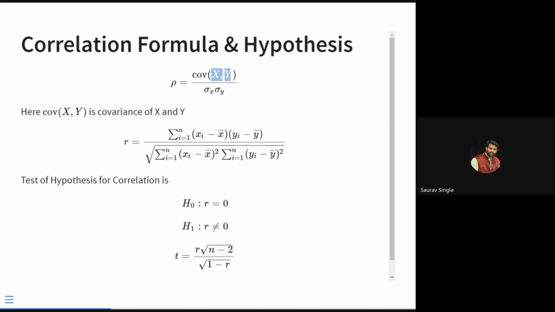This is just for example. Okay. Now there is a term called covariance. I think variance is something we discussed yesterday.